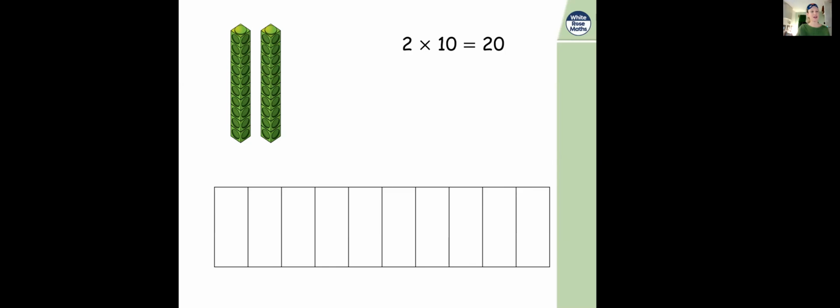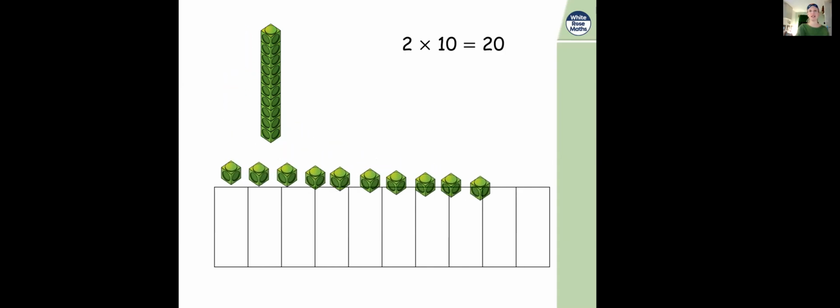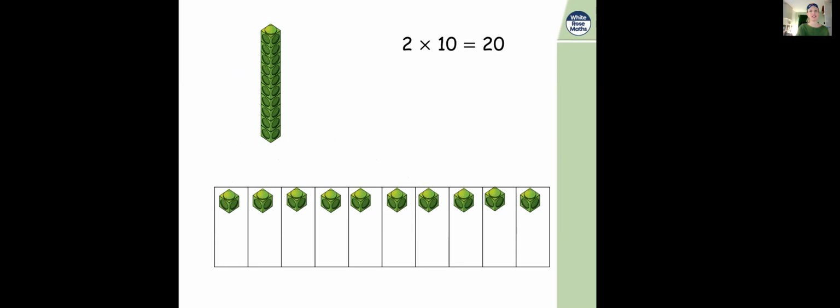Let's share that 20 out equally into those 10 groups below, just like we did in the last example. That's the first stick shared equally. We've seen that already. Now there's 1 in each group, but we still have that other group to share.